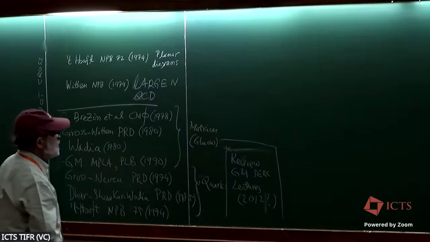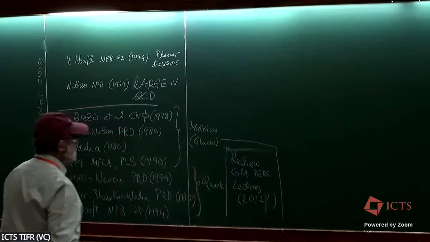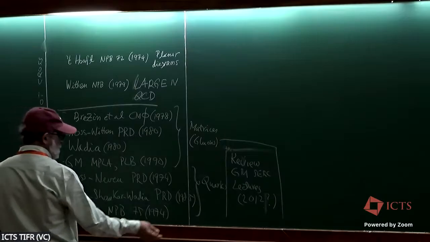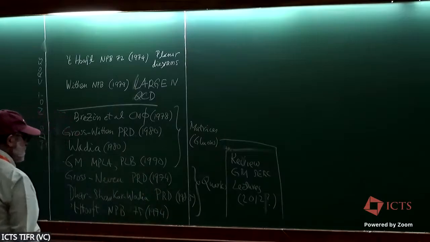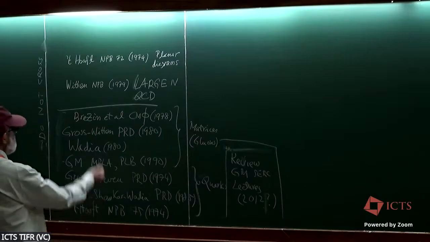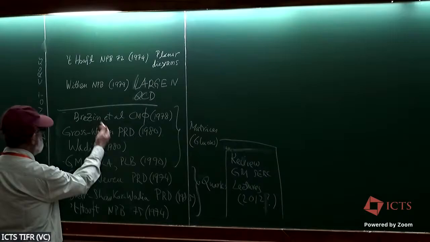These are quantitative papers on large N matrices, or large N gluons. And these are papers on quarks, again at large N. These can be solved. Okay, so these are the references.